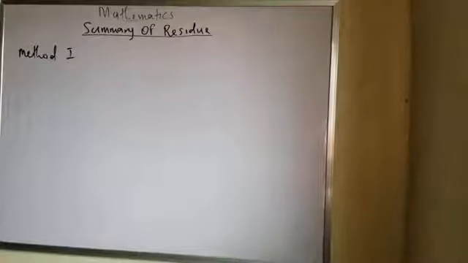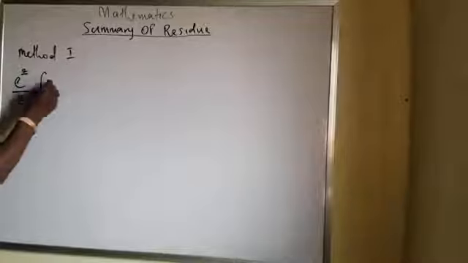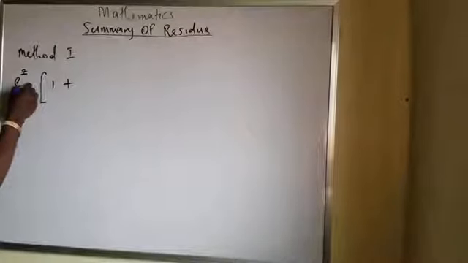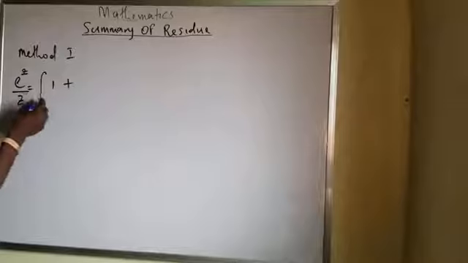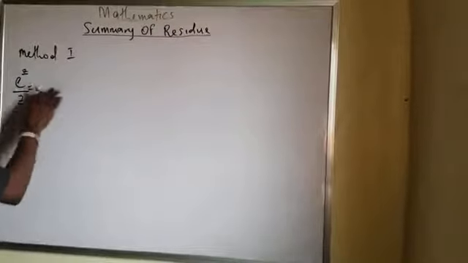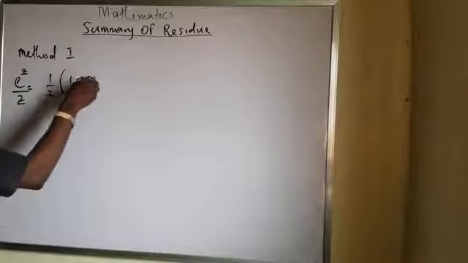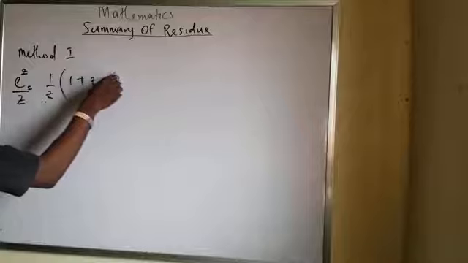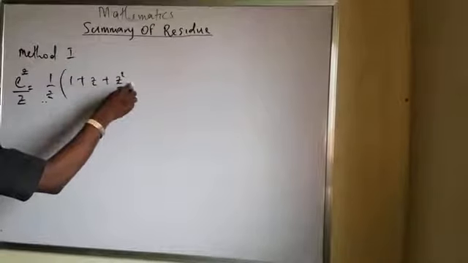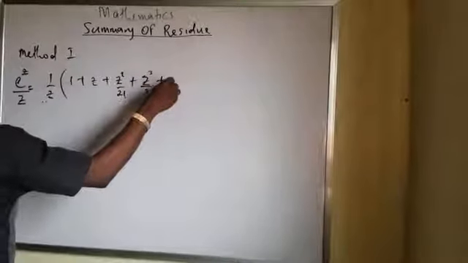Method one. Now, if you are having e^z all over z, this will be 1 all over z, bracket of 1 plus z plus z squared all over 2 factorial plus z cubed all over 3 factorial, and so on and so forth.